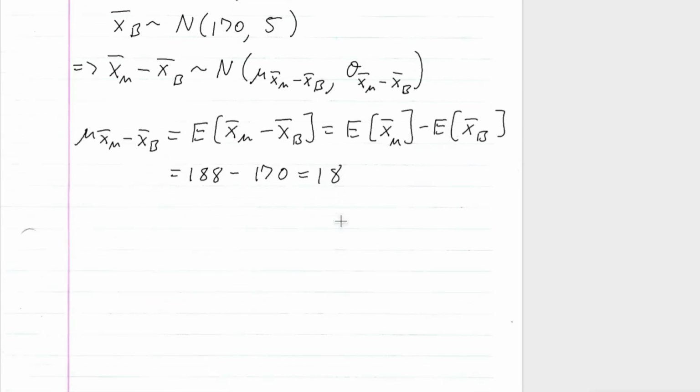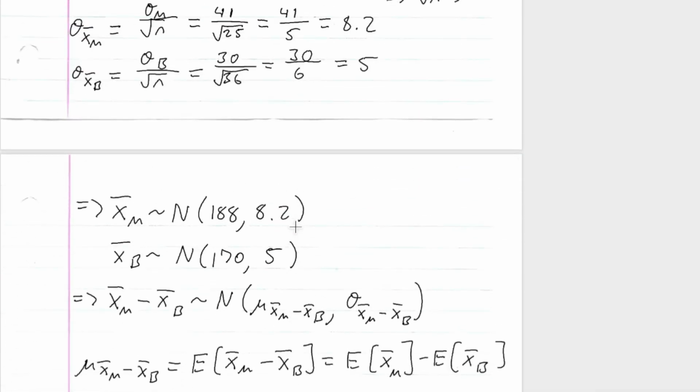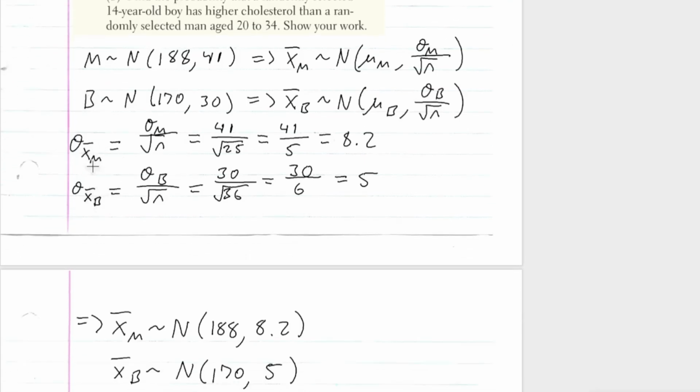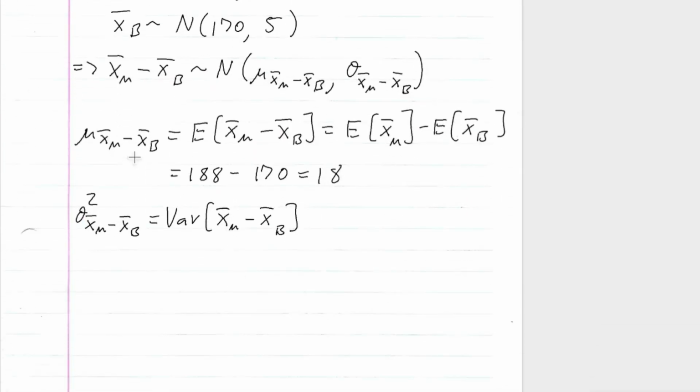All right, so now let's find the standard deviation of x bar m minus x bar b. Let's find the variance first. If m and b were independent, that means their sample means will be independent as well. So the variance of x bar m minus x bar b is equal to the variance of x bar m plus the variance of x bar b.